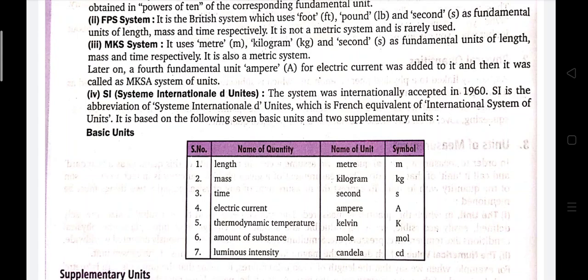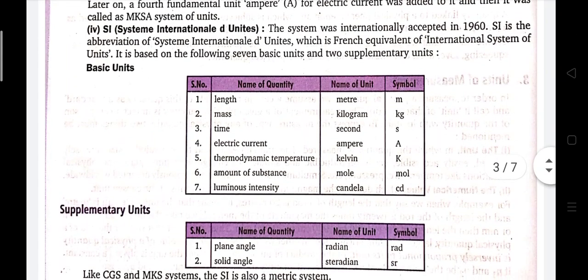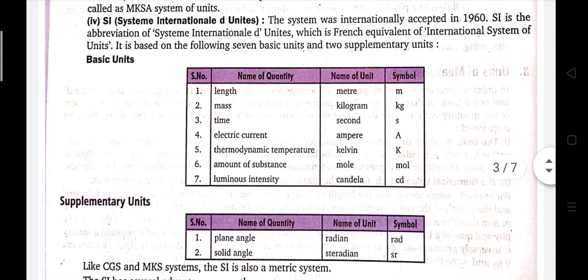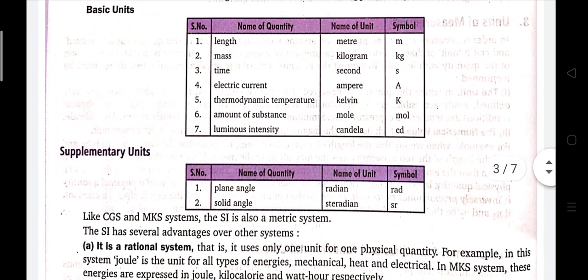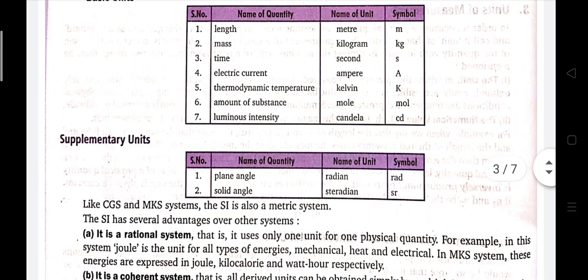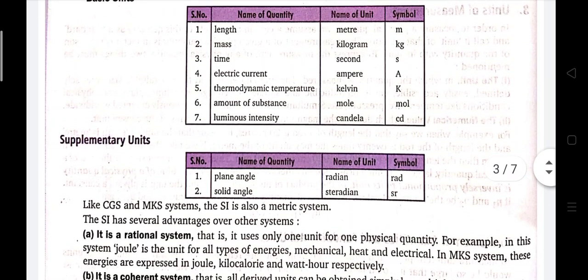Like the CGS and MKS systems, the SI system is also a metric system. The SI system has certain advantages over other systems. It is a rationalized system, that is, only one unit for one physical quantity.